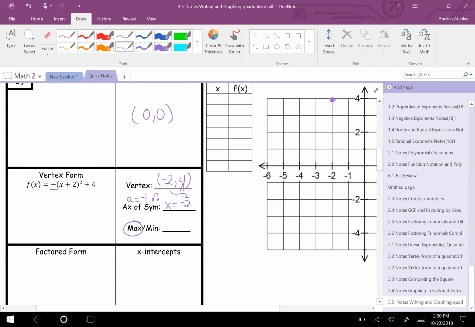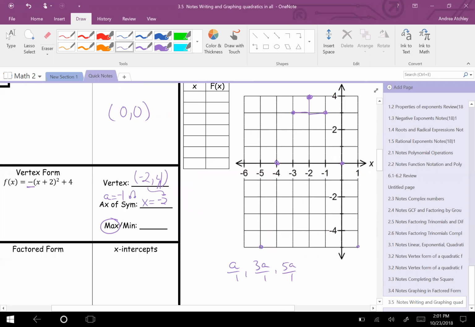So I'm still going to use my pattern rate of change. So a over 1 and then 3a over 1, then 5a over 1. And most of you will be able to do this. Go down 1 over 1, then go down 3 and over 1, then go down 5 and over 1. And then here's my beautiful parabola.